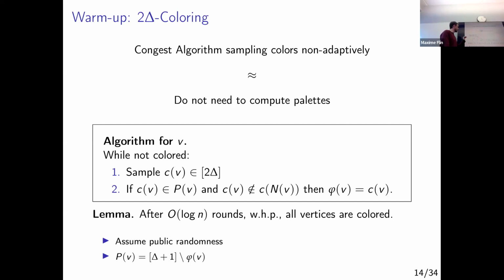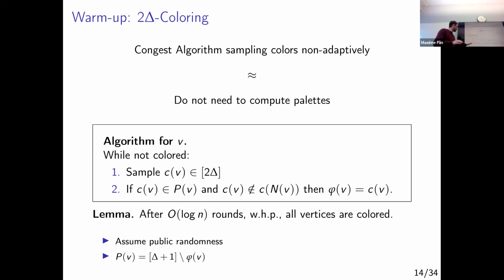You might say you do need to compute the palette and check these things with all of your neighbors. And you'd be right. But because the samplings are non-adaptive, you can sample all the colors at the beginning before you even look at the graph. You make these log n samples, and this is your random list.